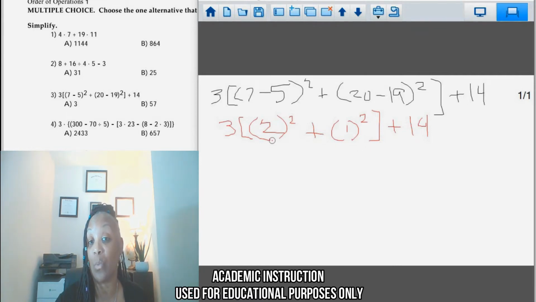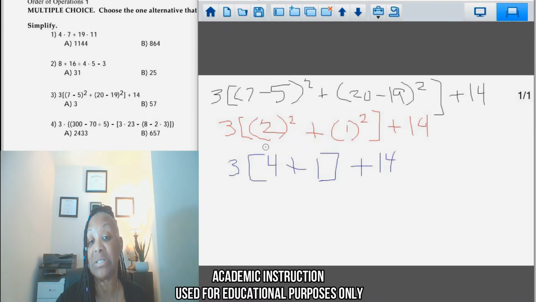Starting with the ones inside of the parentheses, 2 squared gives us 4. We can continue to put it in brackets as we bring down the rest of our values, plus 1 squared, which gives us 1, because 1 times 1 is 1. Put that in brackets, plus 14.